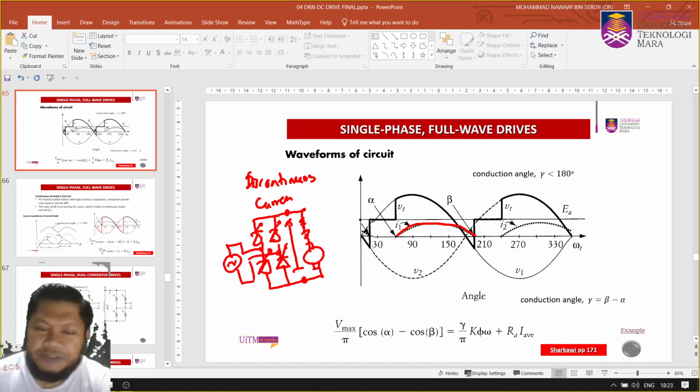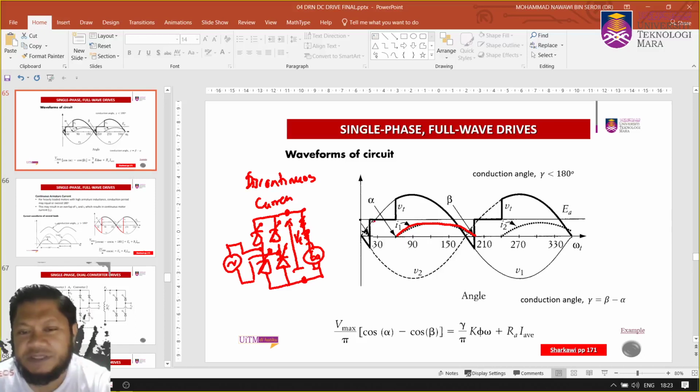Whenever the current is discontinuous, which means there is no current flow, then if you measure VT, VT will equal the back EMF, EA, because there is no voltage drop here. So that's what happens here.